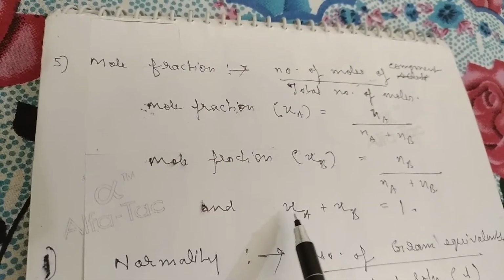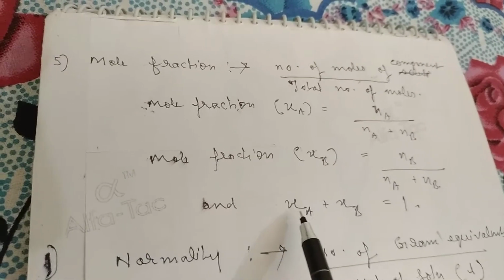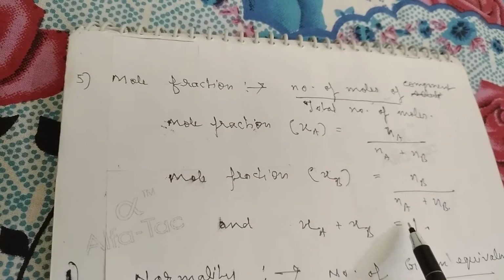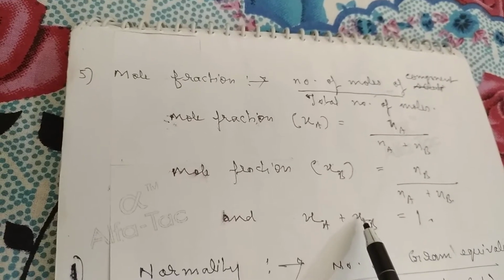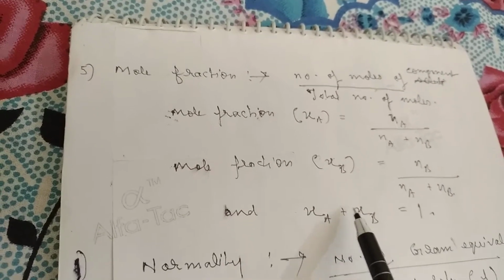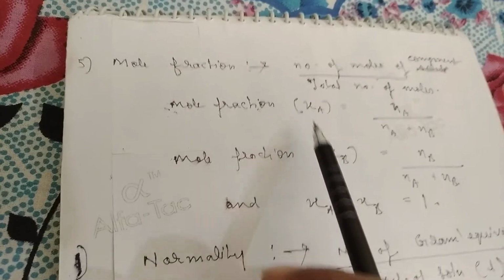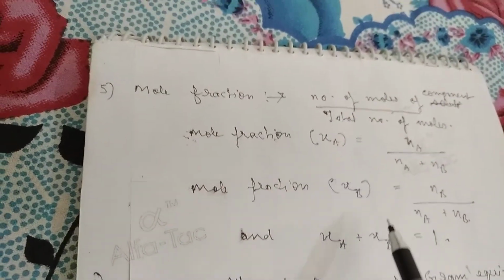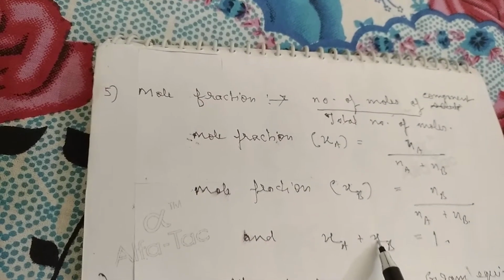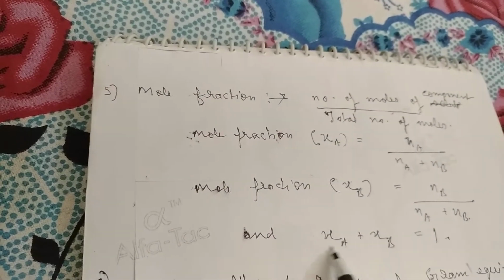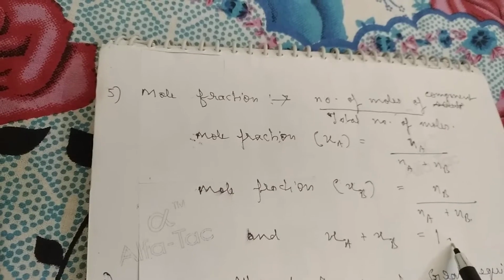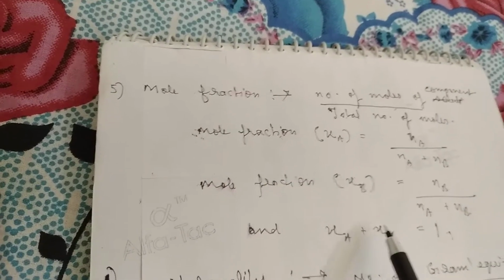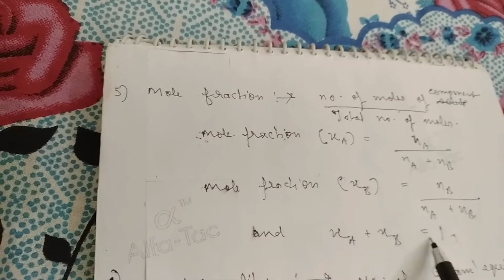Always the sum of the mole fractions is equal to unity. It is not necessary to find out the mole fraction of both the components. If you know the mole fraction of any one component, then the mole fraction of the other component can be calculated by this equation, that is, subtracting the mole fraction of the known component from 1.